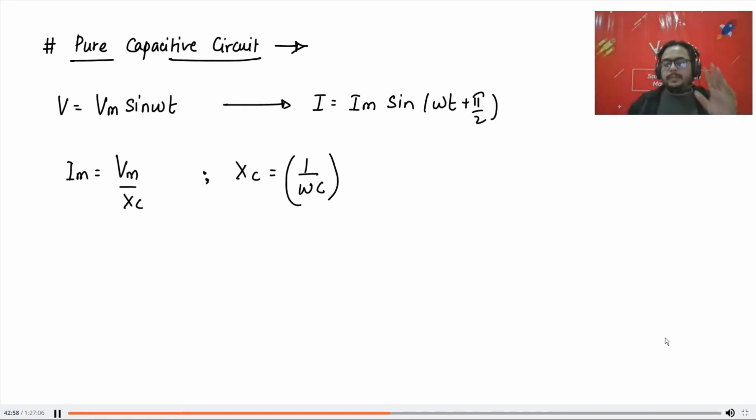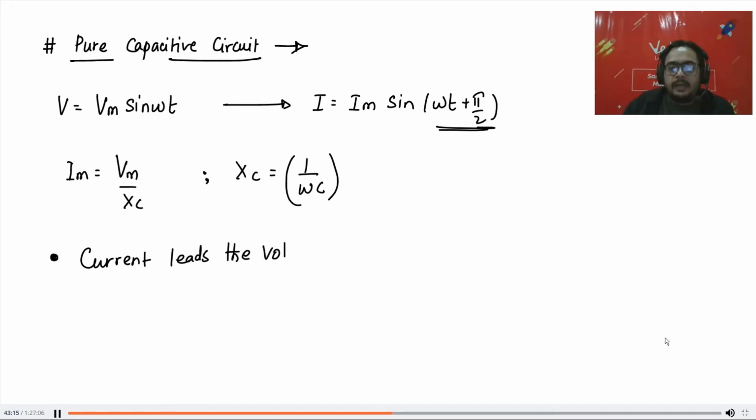Okay. And can you tell me, is current ahead or is voltage ahead? Which one is ahead? We can clearly see by the phase that current leads the voltage by pi by 2.